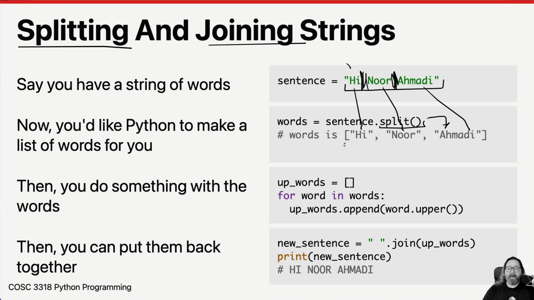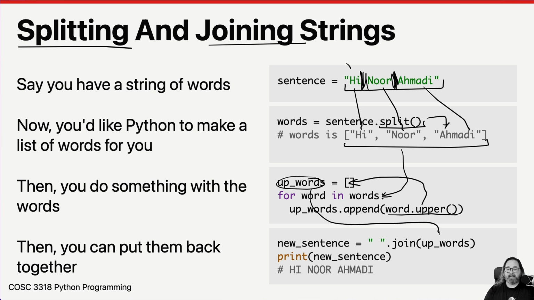And then once we have this list, we can loop over it. For example, here we're changing each word to its uppercase value and then appending it, putting it in this uppers list. And then down here, we take this uppers list, which now has uppercase Hi and Noor and Ahmadi, and we join them together, each of those entries, with a space. That means put a space between all of them.